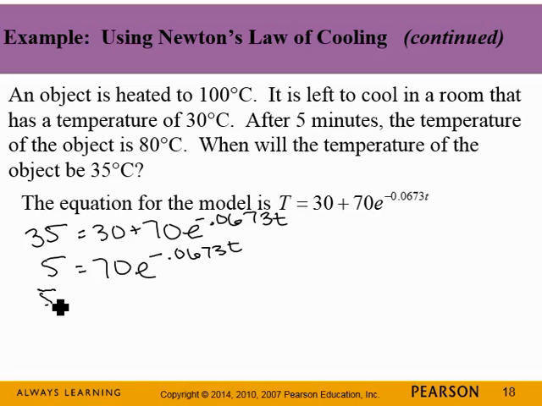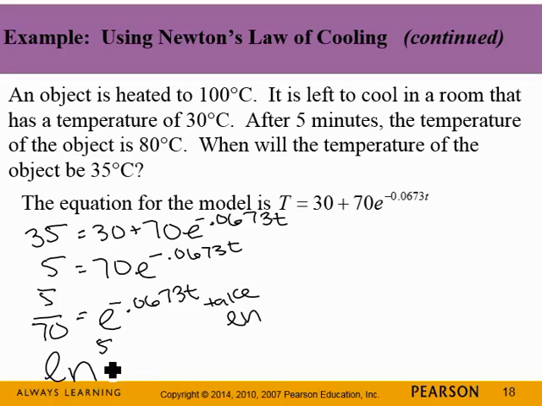We're not going to simplify it. If you would like to simplify your 5 over 70, you are more than welcome to. I'm not going to. So we're going to take the natural log of both sides. You have ln 5 over 70 equals, divide both sides.